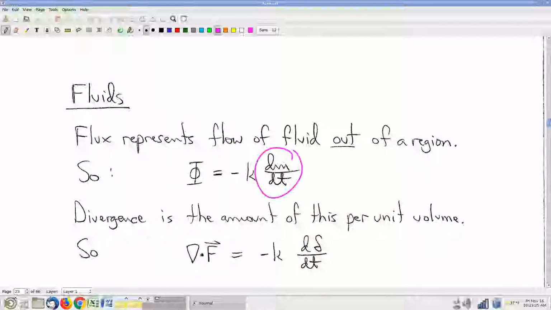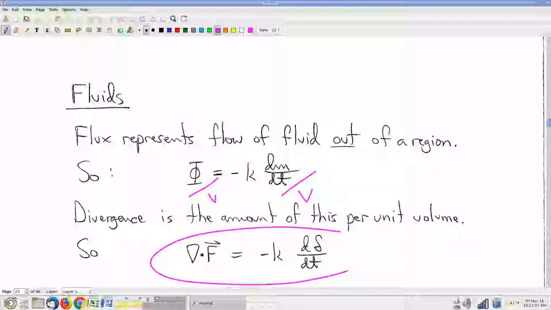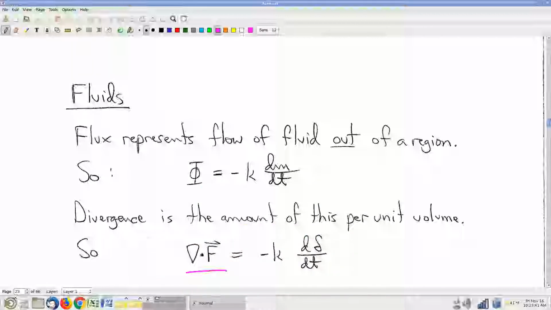So stuff per unit time leaving the region, with a constant in here so I can ignore units, right? Okay. So, all right, take this and divide by volume on both sides, and this equation becomes that. Namely, it gives you a nice interpretation of divergence. You can think of divergence as telling you how fast the density is changing, specifically how fast mass density is decreasing.